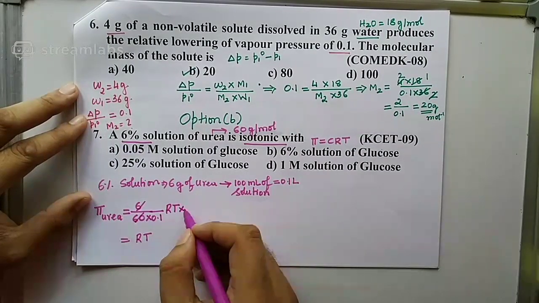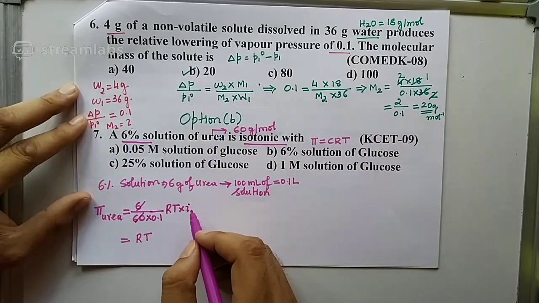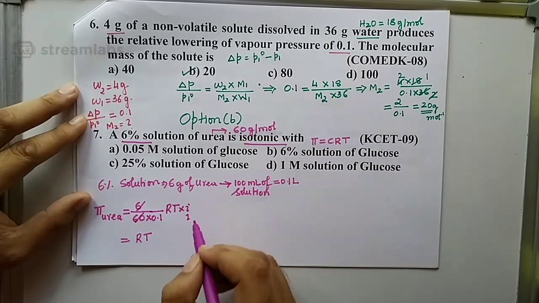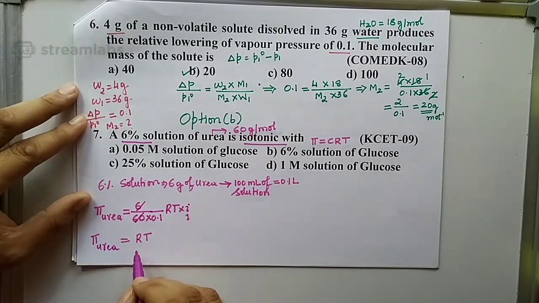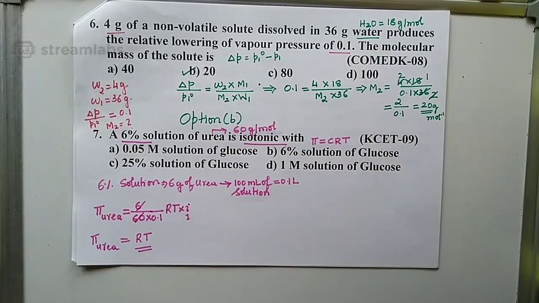And I need to include the Van't Hoff factor, and you know that Van't Hoff factor will be equal to 1. So therefore this will be equal to RT. Pi of urea is equal to RT. Is it clear, students?